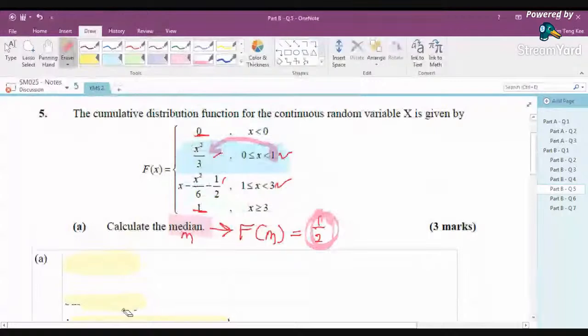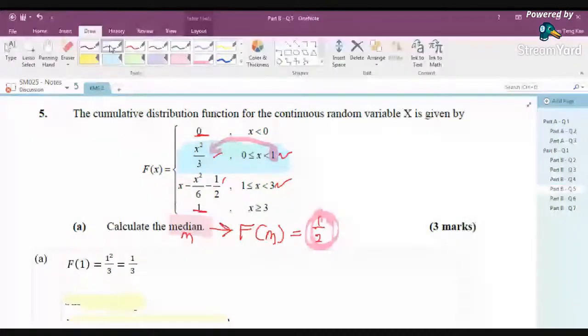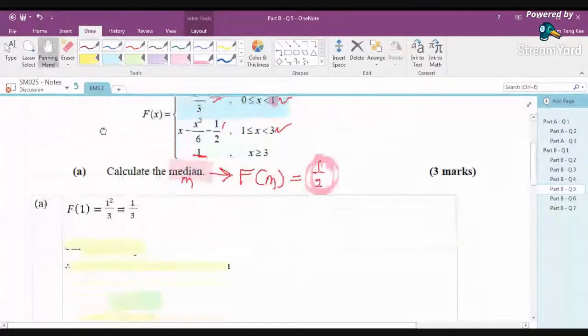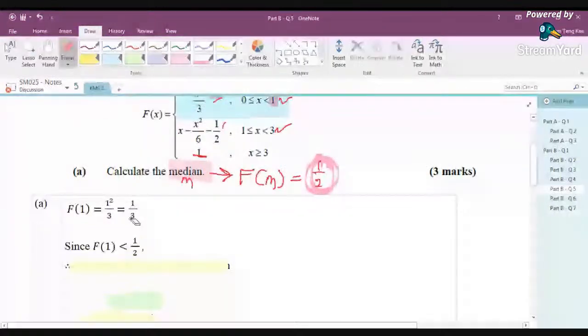With a quick substitution, we have a simple calculation: F(1) equals 1/3. We notice that this result, 1/3, is obviously less than 1/2. F(1) is less than 1/2, and from this we can tell that our median is not located in the interval highlighted in blue.